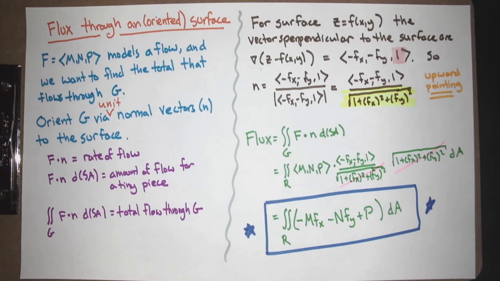Now you might notice there's a box around this and some stars. This is that last formula you need before we head into the exam. So make sure you have this formula at your beck and call so that you can do well. All right. That's the theory. Any questions? We'll do an example.